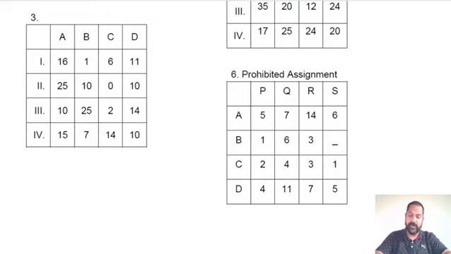Now, what is a prohibited assignment? Well, as literally as it sounds, an assignment that is prohibited. You are not allowed to make that assignment. Example, remember that machine and worker example that I gave you? There are machines that require the use of hands and legs both.